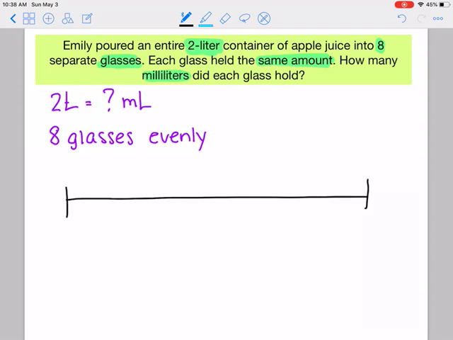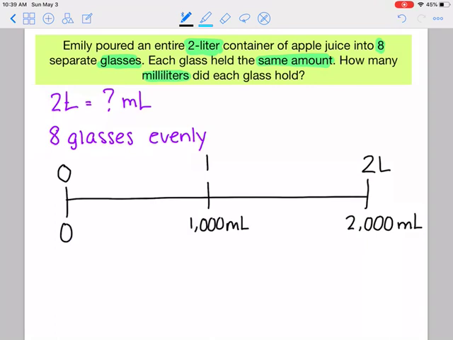So I'm going to put 0 liters here, 2 liters here, and I'll do a benchmark of 1. So I'm going to put an L to make sure I remember that that's 2 liters. Now, I remember from my student reference book that 2 liters is 2,000 milliliters. 1 liter was 1,000 milliliters, and 0 would just be 0.